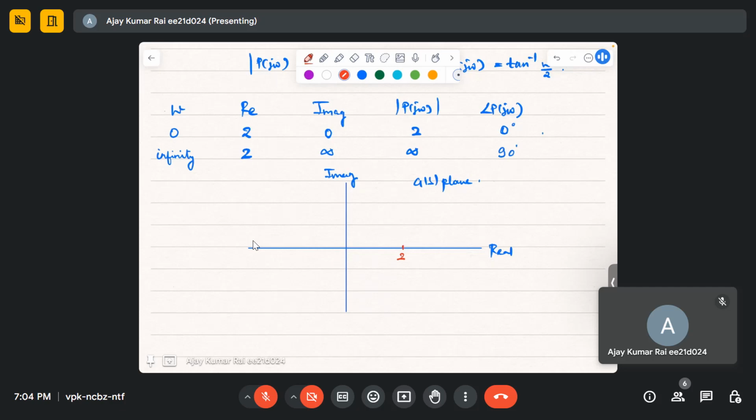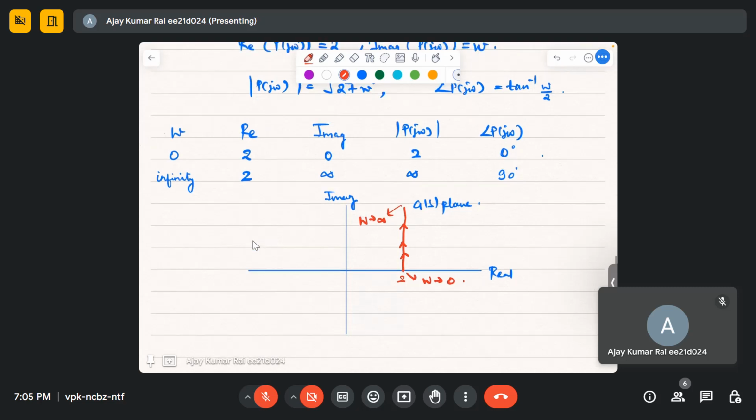At infinity, the real part is still 2, but the imaginary part is equal to infinity. So how will your Nyquist plot look? It will look like this. This is at omega tending to infinity, and this is at omega tending to 0. It's a straight line. So this is the Nyquist plot.